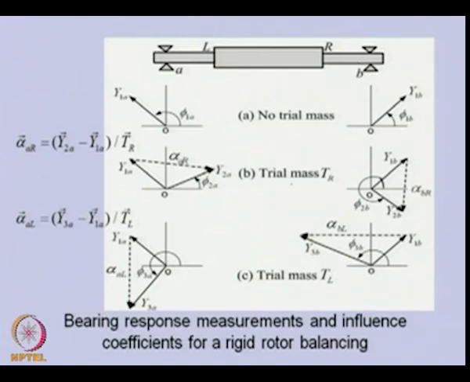Now you can see if we put this vector here, from here to here, this vector, which is the difference of these two vectors, will be nothing but the effect of the trial mass which we kept in the right plane, but the effect we are measuring in plane A. So we need to take care in which plane we are keeping the unbalance and at which plane we are measuring.